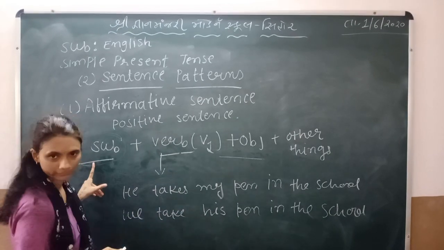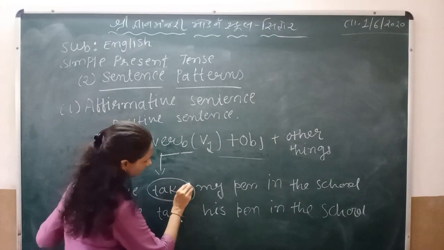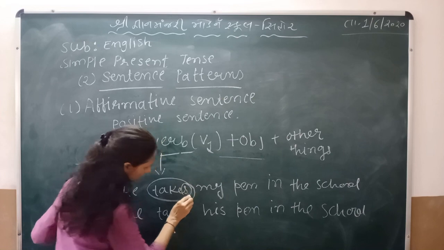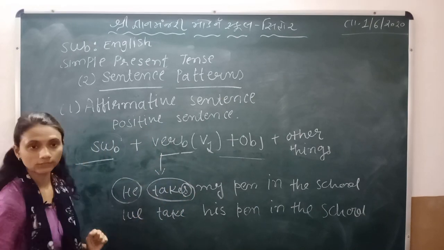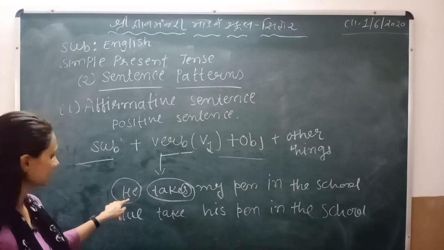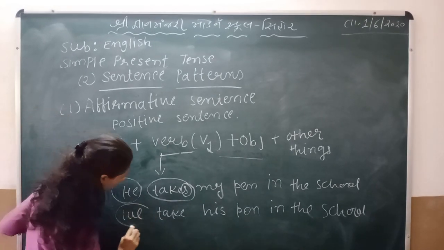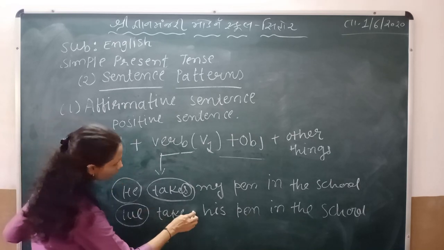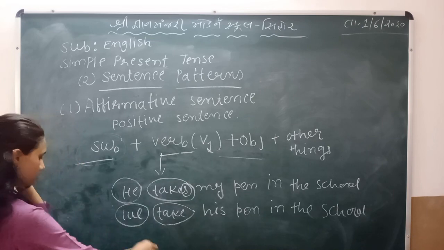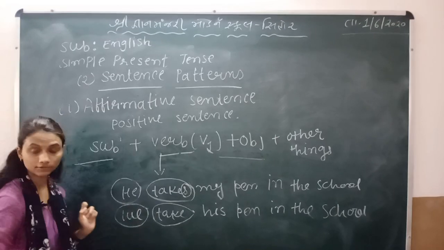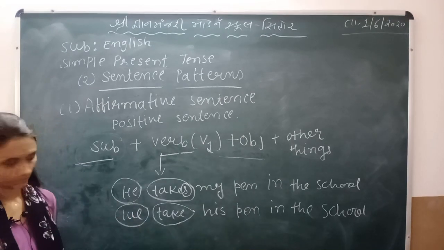Okay, so as per rule, we have taken here s, because we have third person singular, means he, and if you can see here we have we, so we don't take here s or es, because we doesn't classify as a third person singular.